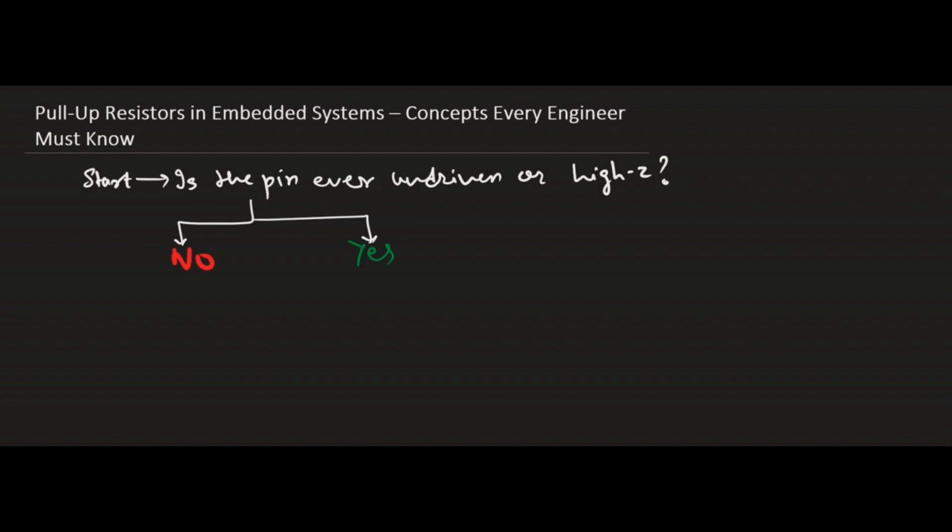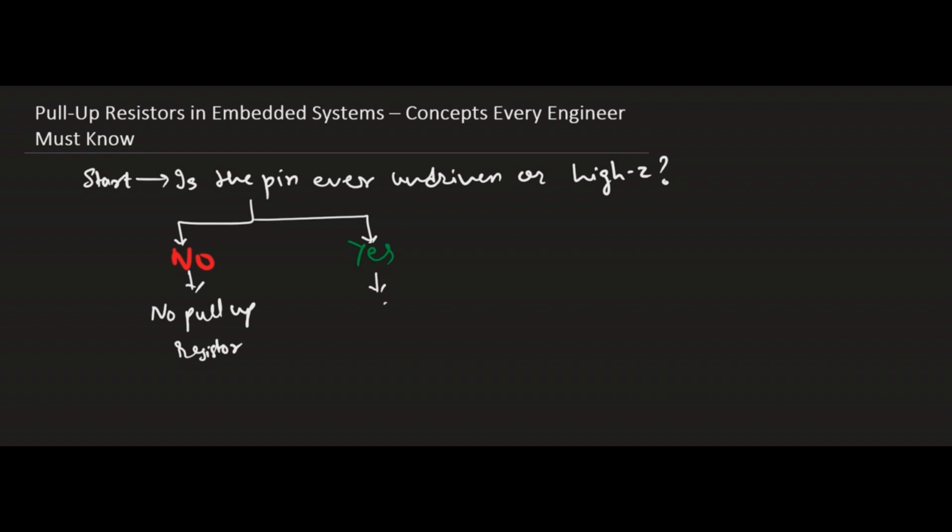If it's a no, then we don't require a pull-up resistor. Simple. But if it is a high impedance pin, or a floating pin, then we do require one.